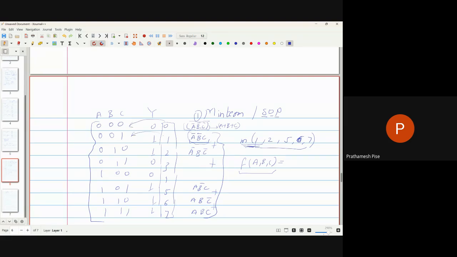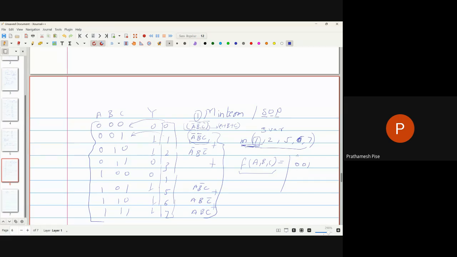So if, for example, here it is 1, the min term of 1 in case of 3 variables will be, so what is 1? It is 0, 0, 1.